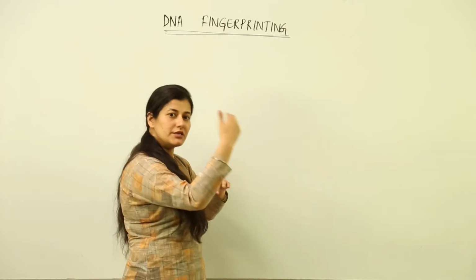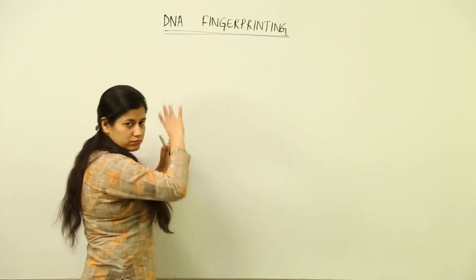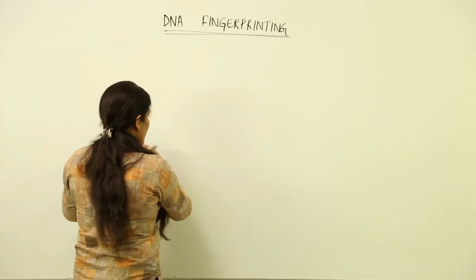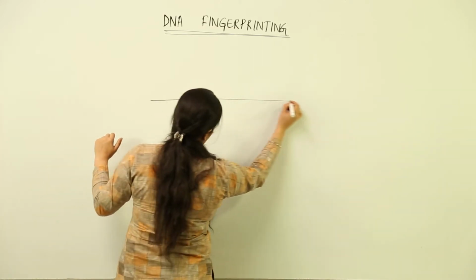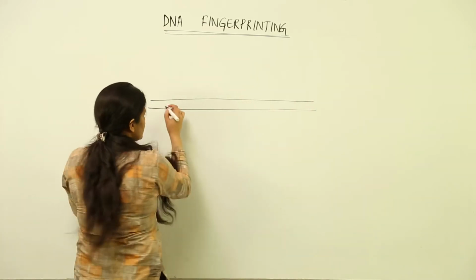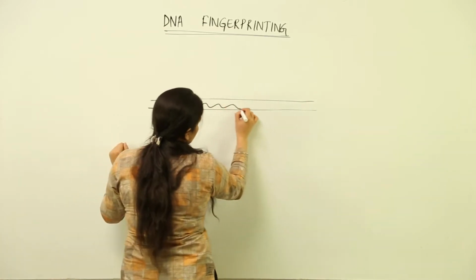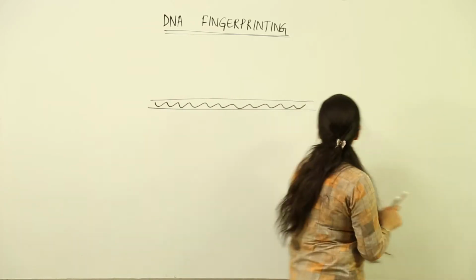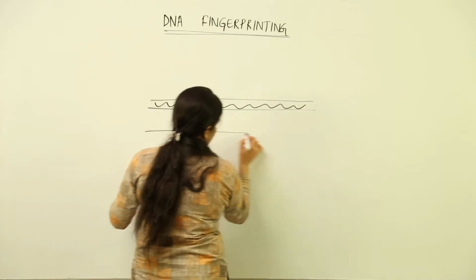I am going to repeat all what I have said, so you get an idea why we are looking for the DNA fingerprint of an individual. See, supposedly this is 1.1 meter of DNA of an individual. It is having this composition, okay? And the other individual is having this DNA.